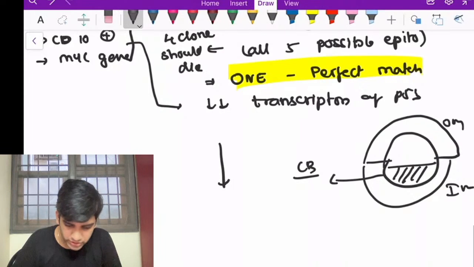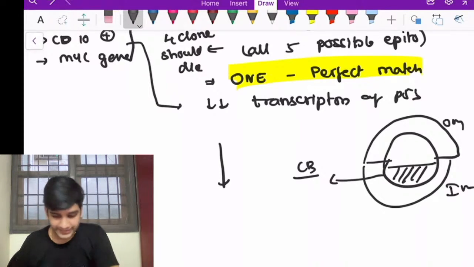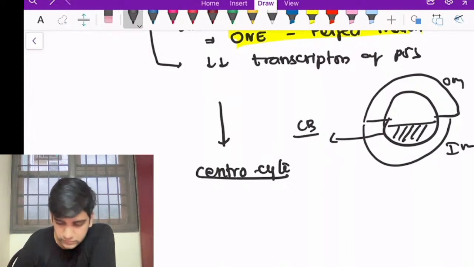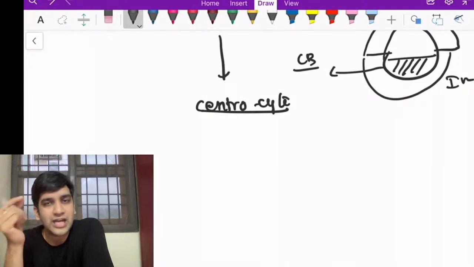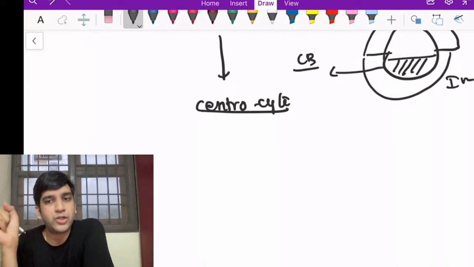When a cell matures, what do I call them? From blast, we change the terminology. Whenever a cell matures, we call them a cyte, right? So I'm going to call them centrocyte. So the centrocyte, anywhere in the RBC or WBC lineage, when a cell matures, what do you think will happen to the nucleus?